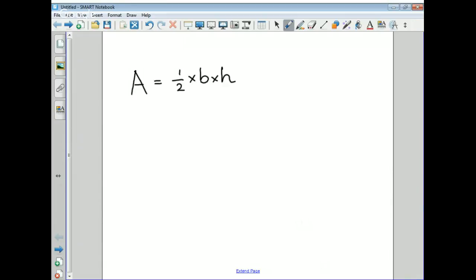Okay, and so you have to use this other formula, which says that the area of the triangle A is equal to half side A times side B times the sine of angle C.